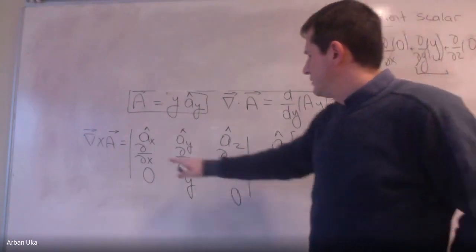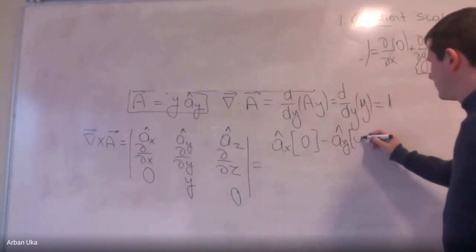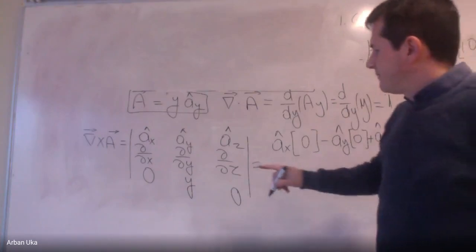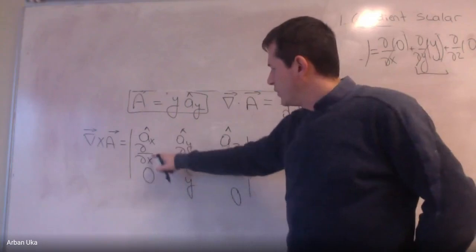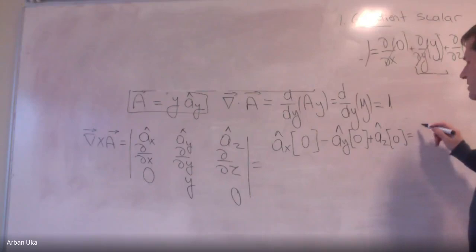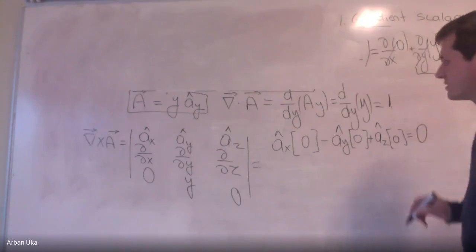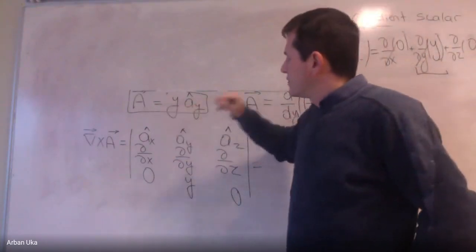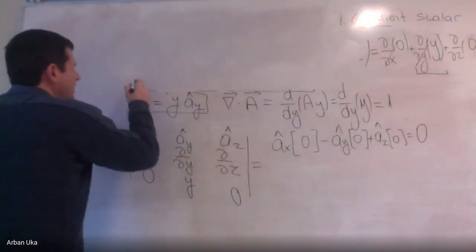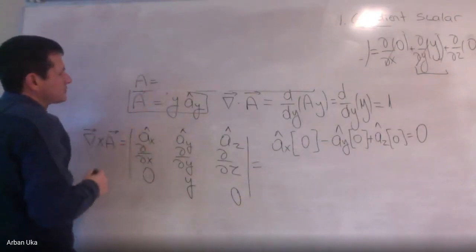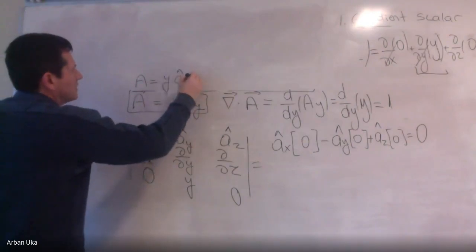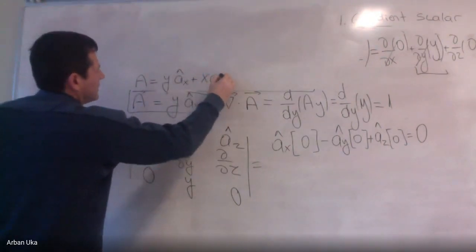So what can we get here? This actually looks obvious that this is also going to be 0, plus az, the derivative of y with respect to x, this is also 0. So apparently, this quantity has a curl of 0. So this vector that we see here has a curl of 0. But let's assume for a moment that A was equal to y ax plus x az.